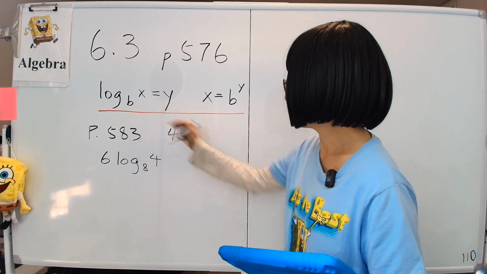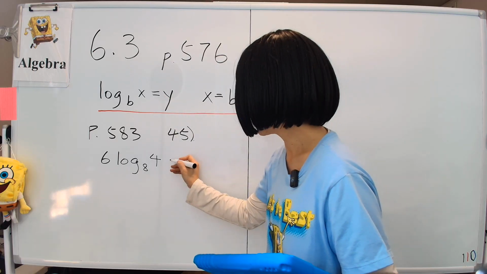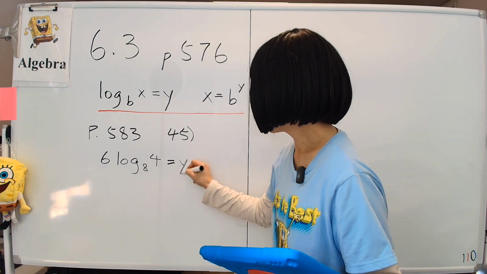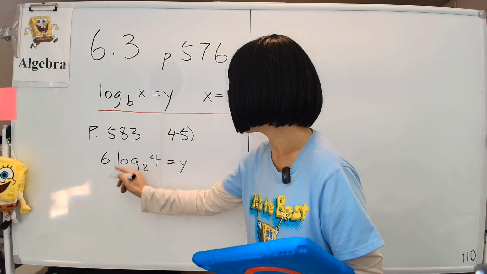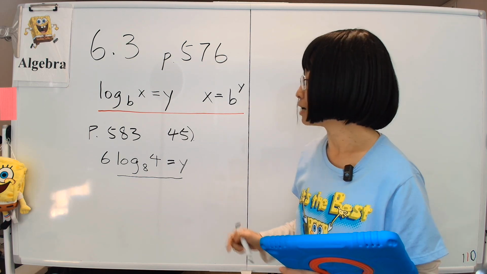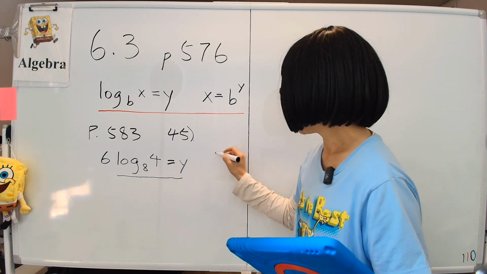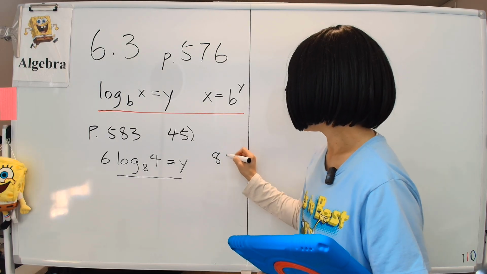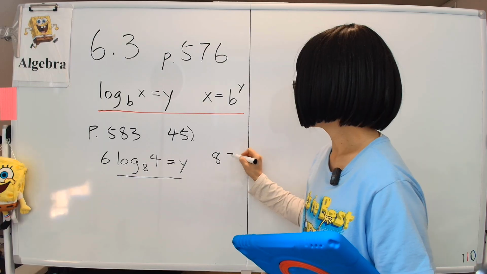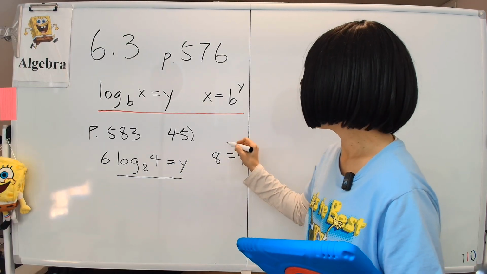Now, by this definition, if we call just the log part y, ignoring the 6 for the moment, that means the base, which is 8, following this equation here, 8 to the power y equals x, where x is the 4. The 4 equals 8 to the power y, right?